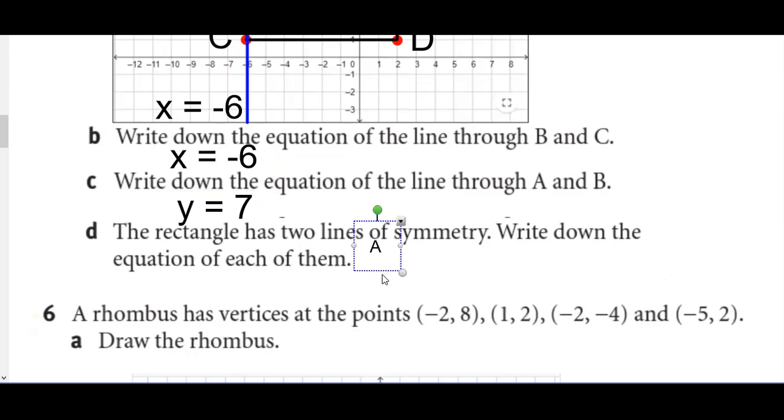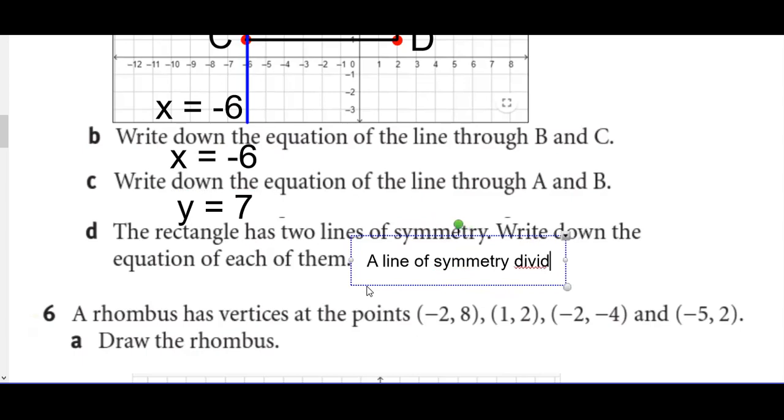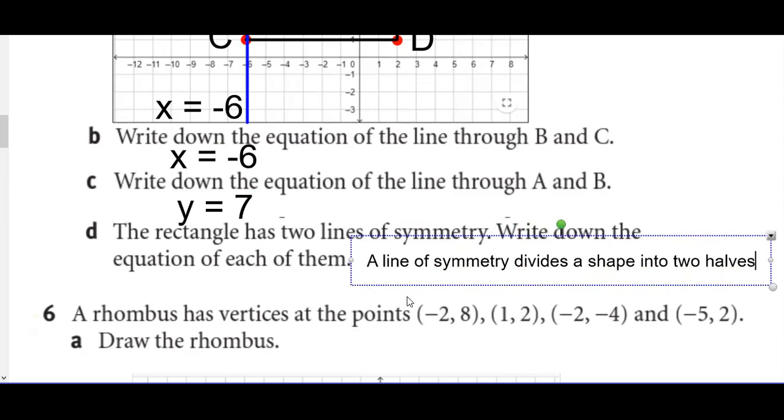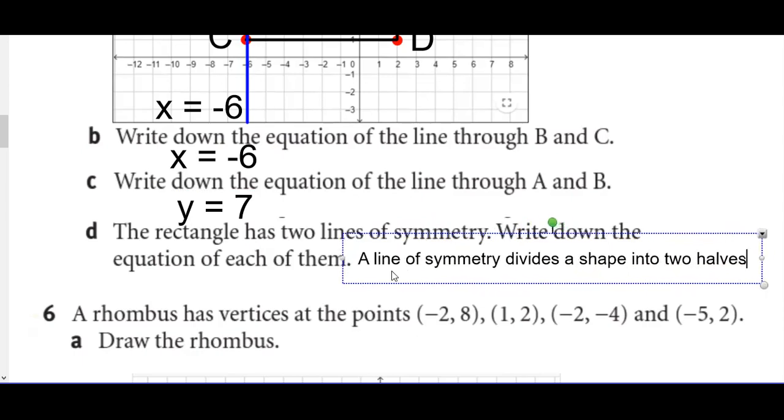So that's the definition: a line of symmetry divides a shape into 2 halves. Okay, so this is what a line of symmetry means.